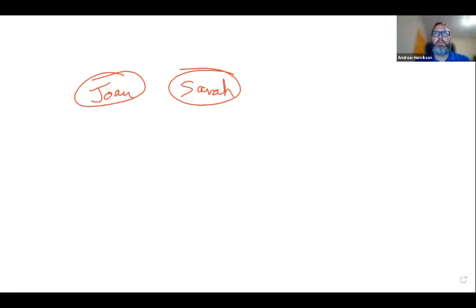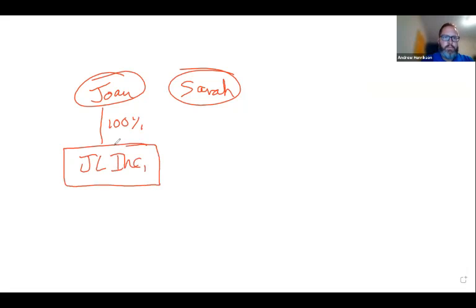Joan owns 100% of the shares of JL Inc. So 100% of JL Inc. And 31% of Meadow. Sarah owns 60% of SL, 40% her mother. Well, hopefully I'll draw it out okay here, but I'll just keep going.